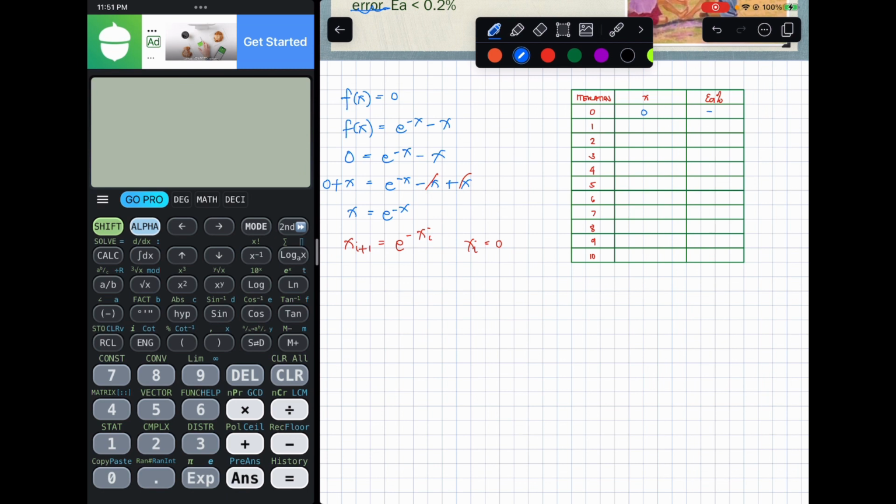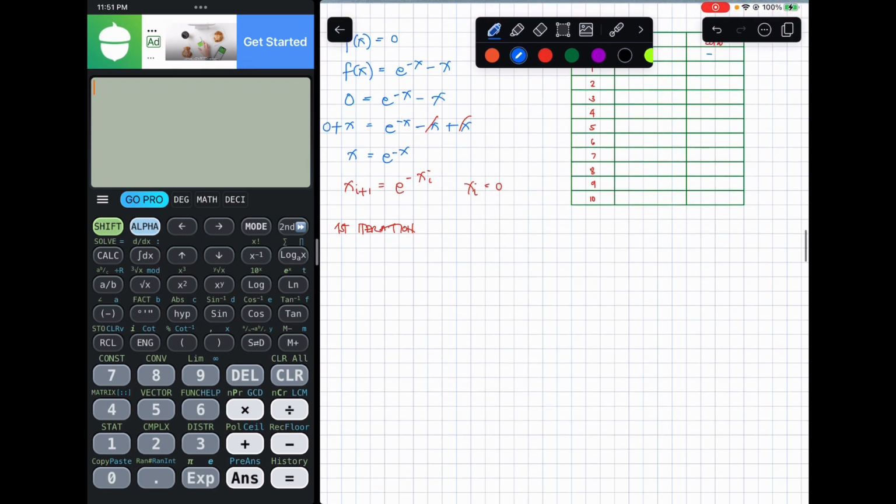For our first iteration, it would just be e raised to negative 0, which is e raised to 0, which is 1.